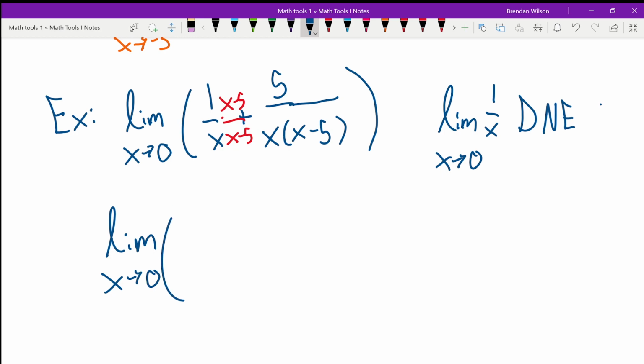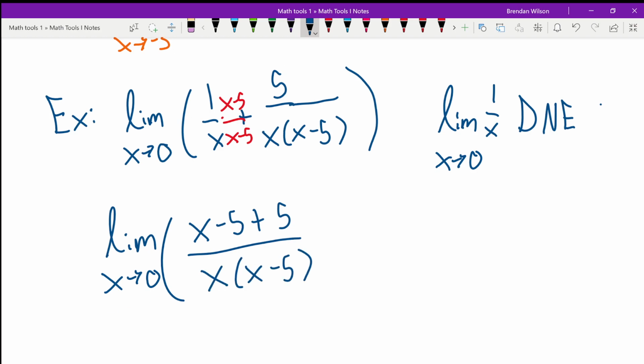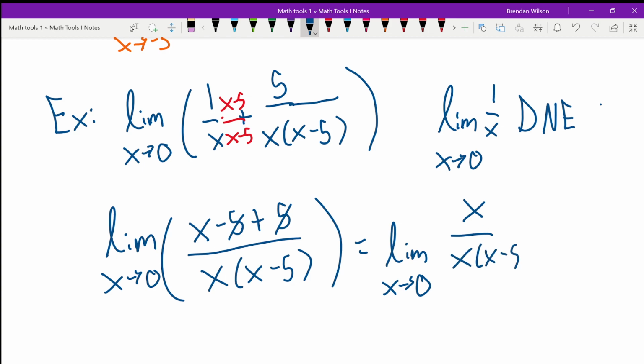Okay. So we have x minus 5 on the top here, plus 5 from this one, over x times x minus 5. Okay. So the 5's cancel. And we have the limit as x approaches 0 of x over x times x minus 5.